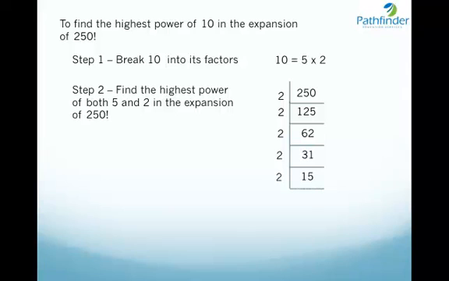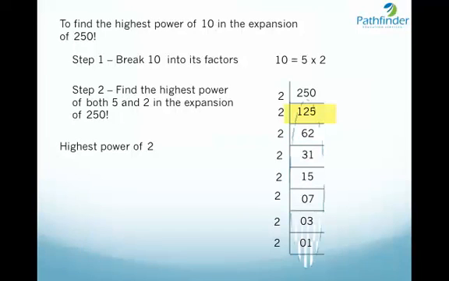15 divided by 2 gives 7 as the quotient. 7 divided by 2 gives 3 as the quotient. And 3 divided by 2 gives 1 as the quotient, and 1 cannot be divided by 2 any further. Now the highest power of 2 in this case will be an addition of all the quotients from 125 to 1.